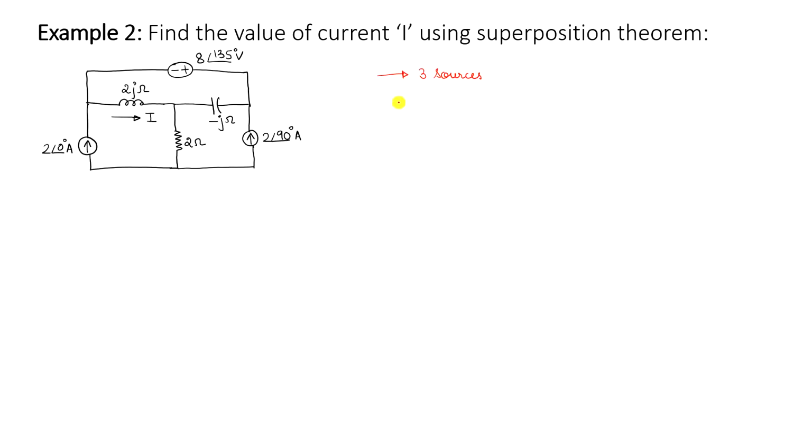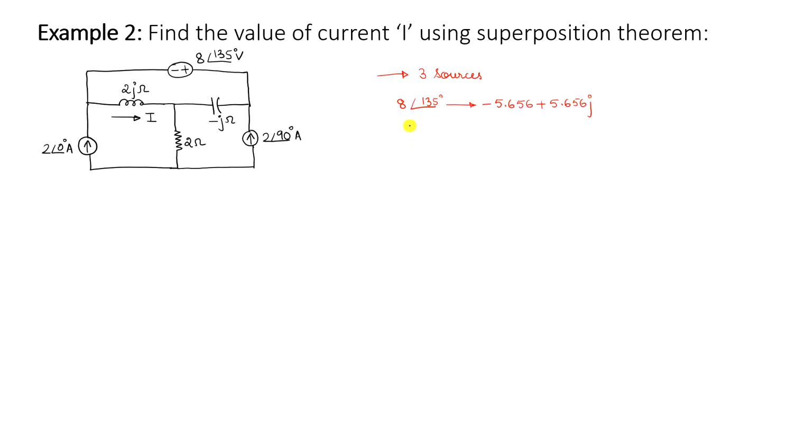Okay, so let us see what would be the value of the voltage. 8 angle 135 degree is equivalent to minus 5.656 plus 5.656 J.